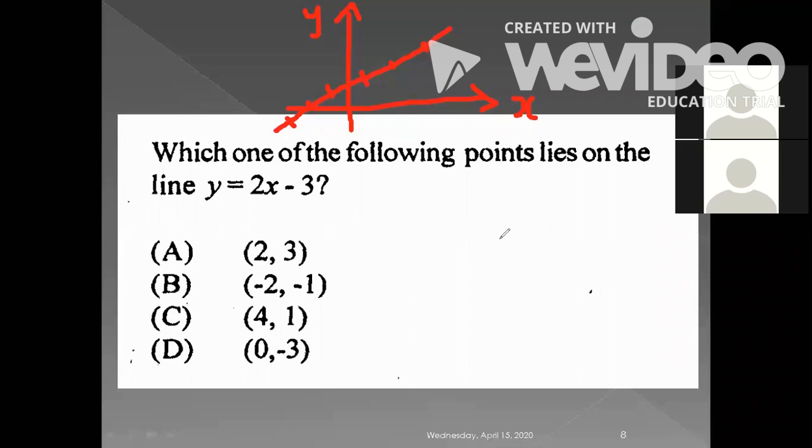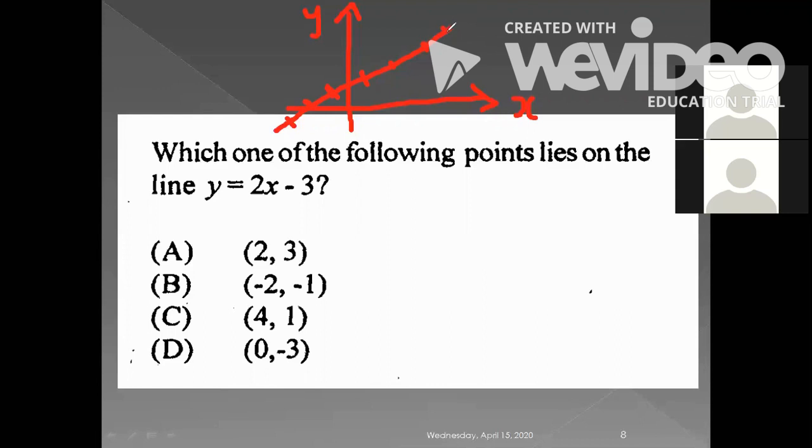So we have a straight line, and to get the straight line, we have to use some points, and we plot those points and draw a straight line.